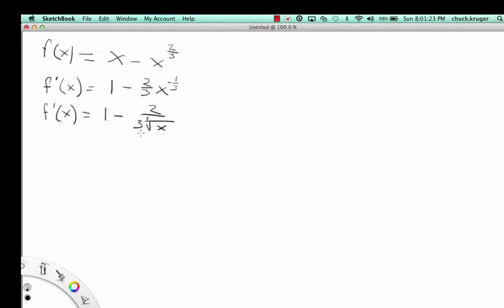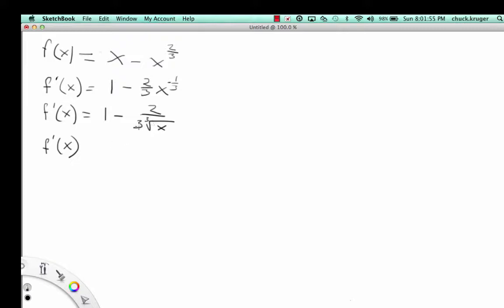Now we have a fraction with a variable in the denominator, and anytime we do that, we must combine these two with a common denominator. The reason is our critical numbers exist both in the numerator and the denominator. When the numerator equals 0 and the denominator equals 0, we have possible relative mins and maxes, so we need to take a look at both of them.